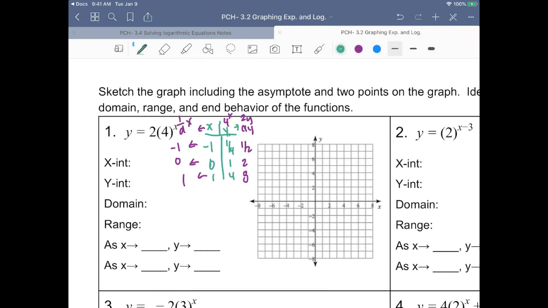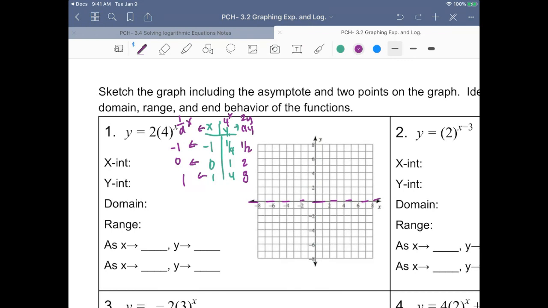So I know that my graph has a horizontal asymptote at 0. I don't have a k value, so it's not going to shift.